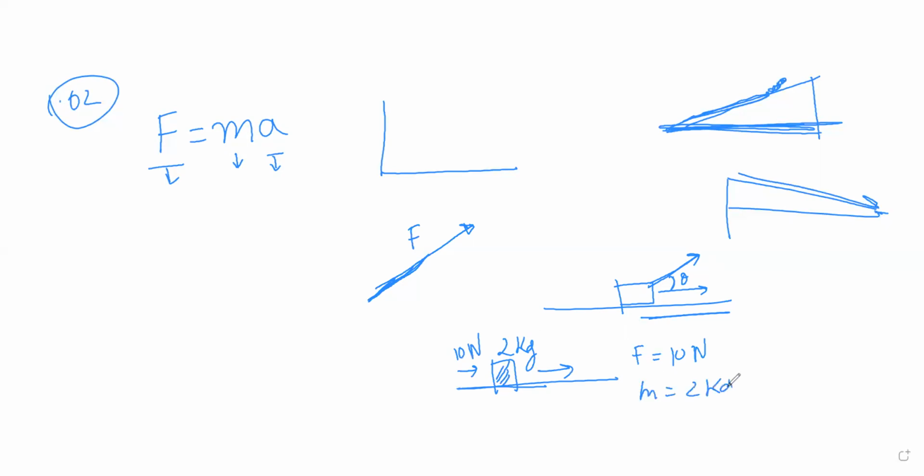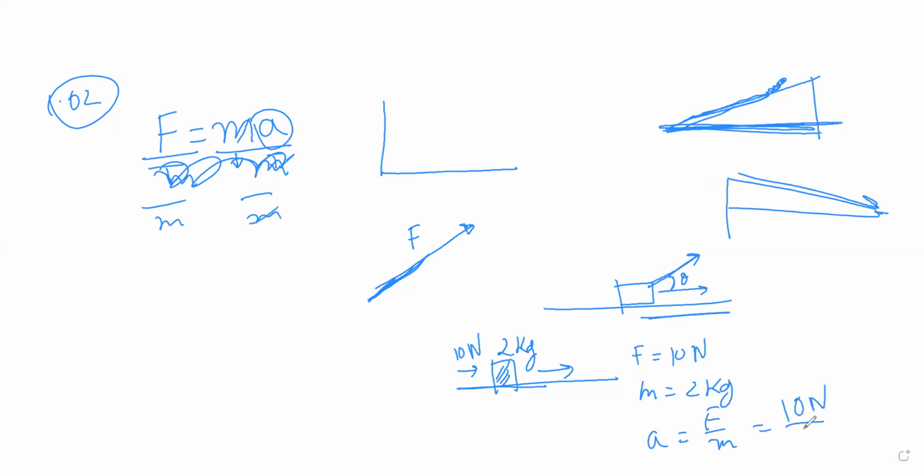So what will be our a? Simple. If we divide both sides of this equation by m, m cancels out, so F over m equals a. So a equals F over m, which is 10 Newton divided by 2 kilogram, equal to 5 meter per second square.